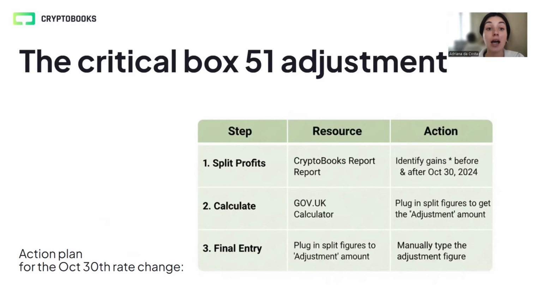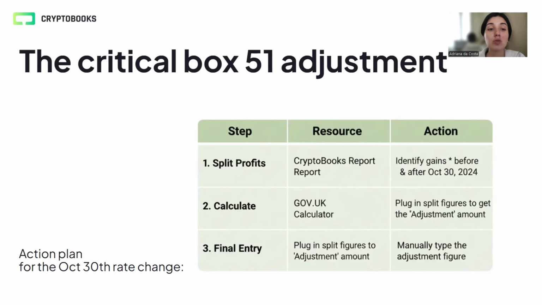Unfortunately, the standard HMRC online return isn't smart enough to handle this automatically. It often tries to apply one rate to your whole year's profit, which means the final tax bill it shows you is incorrect. To fix this, we have to use a manual workaround called Box 51.